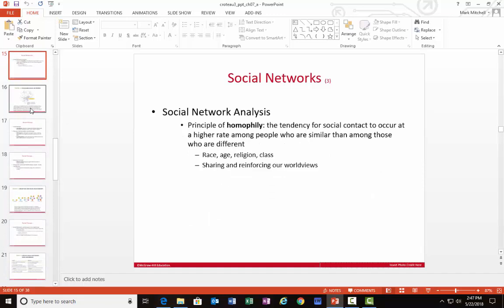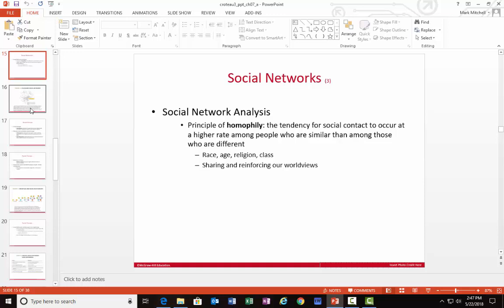All right, homophily is a term that we see in our book, and it really means love of the same. That's what that word actually means. It just talks about how social networks tend to be composed of people of like attributes, whether it's age, social class, religion, race, or politics in their worldview, or what have you. That certainly makes sense if you think about it.